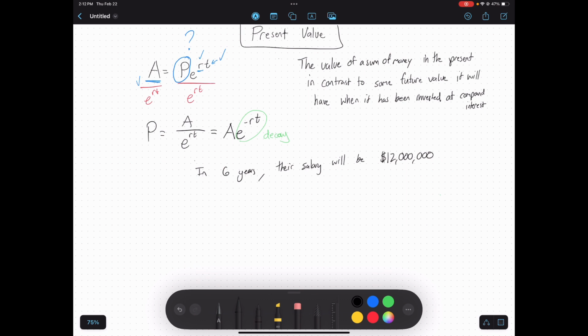That represents a future value, right? Because that salary won't happen until 6 years have passed. So that's what their salary will be in 6 years. If I invest my money at a rate of 6.1%, so 6.1% interest, what is the present value?